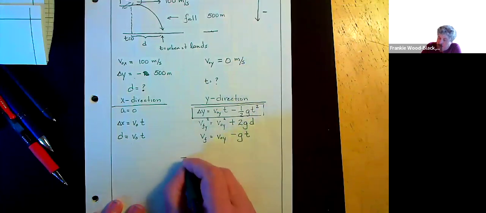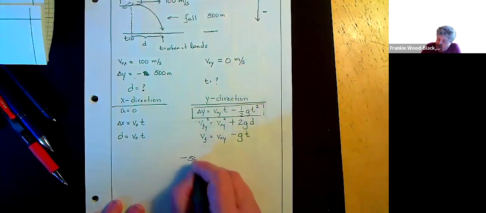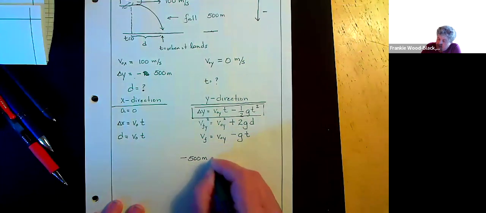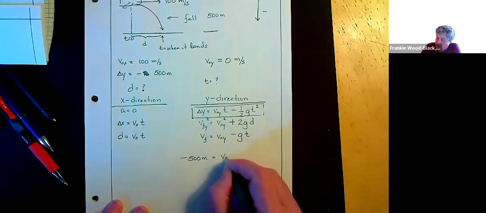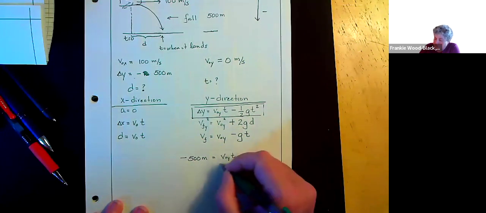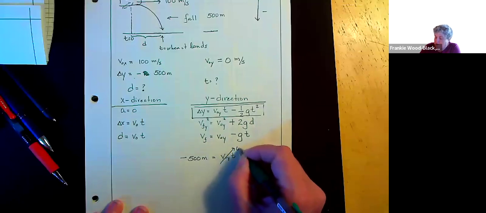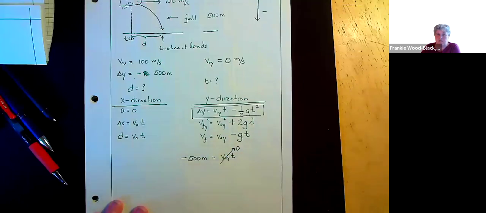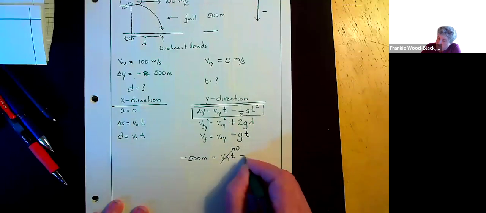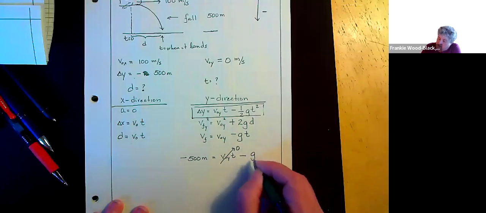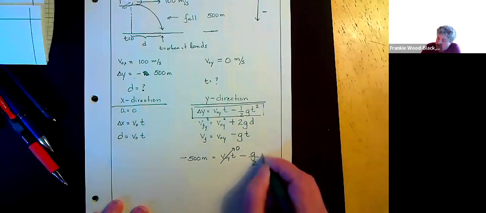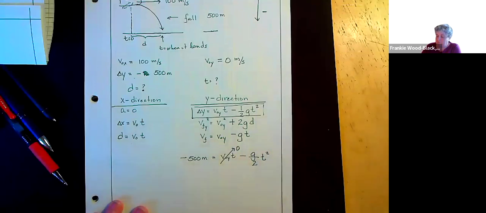So my negative 500 meters is equal to my initial velocity in the y direction times time, except my initial velocity in the y direction is 0, so that equals 0, minus the acceleration due to gravity divided by 2 times time squared. I'm going to solve for time.